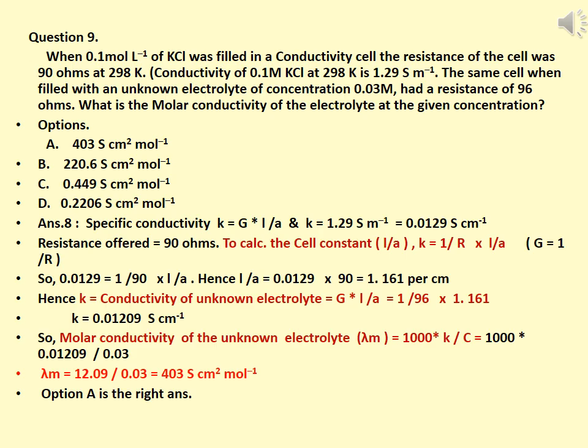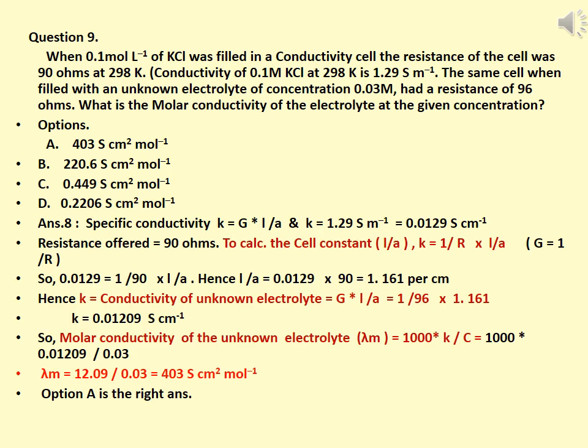Once kappa, the conductivity of the unknown electrolyte, is calculated, the third step would be calculation of its molar conductivity. So, first step, specific conductivity, that is kappa. You can call it specific conductivity or conductivity. Kappa value is given. What is it equal to? 1.29 Siemens per meter. That has to be converted into centimeter. 1.29 Siemens per meter means divide by 100.